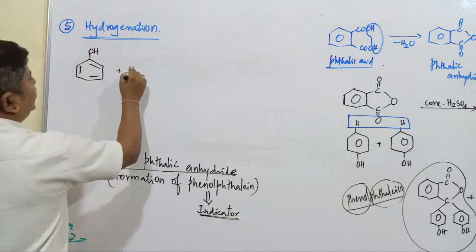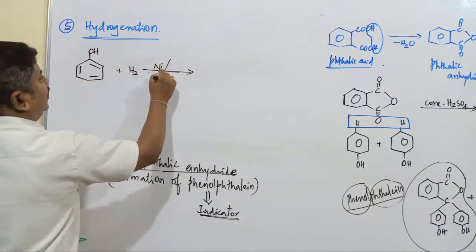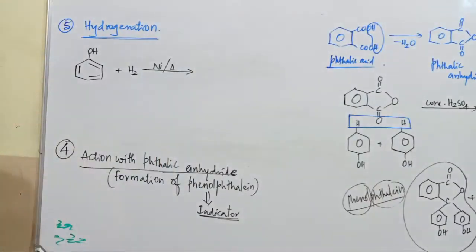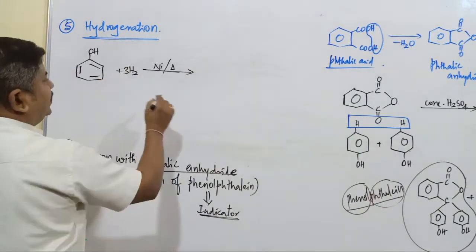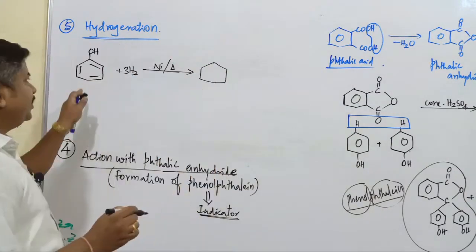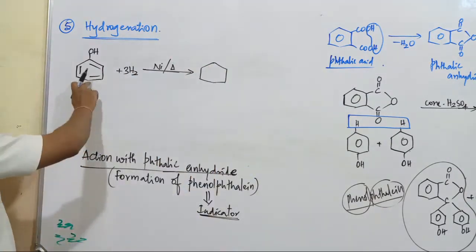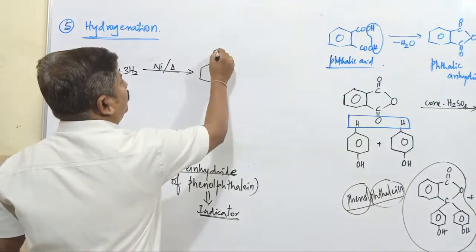When hydrogen gas is passed over this in presence of nickel at a temperature of around 200 degrees Celsius, these are the three double bonds, so 3 moles of hydrogen should be considered. After addition of hydrogen to this molecule, the double bonds get converted into single bonds, and this is the OH group.